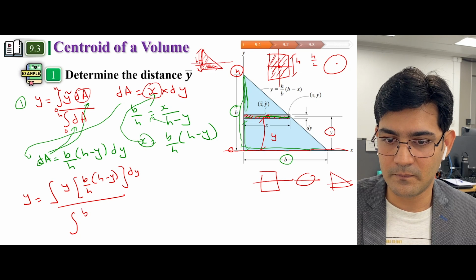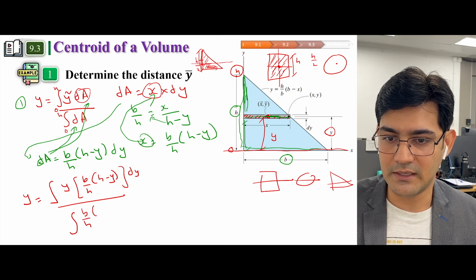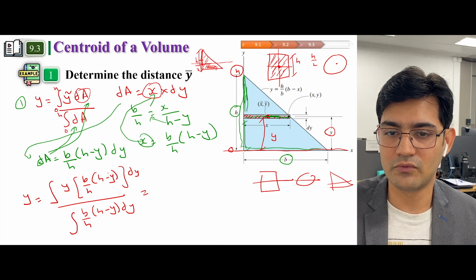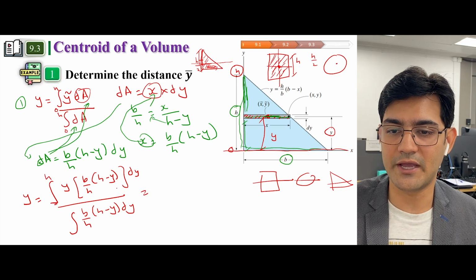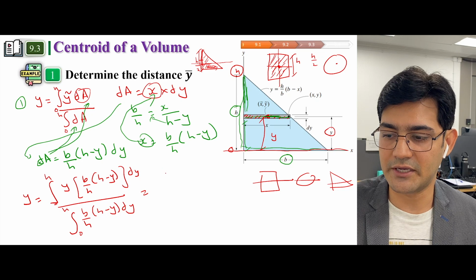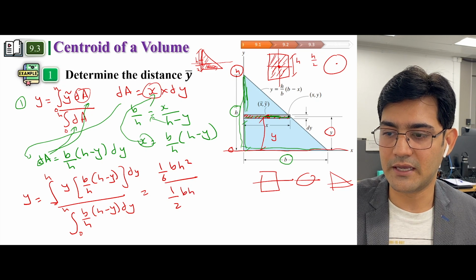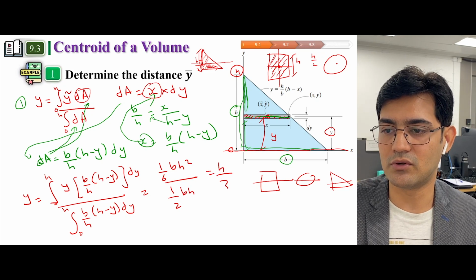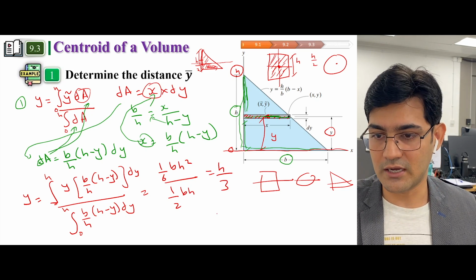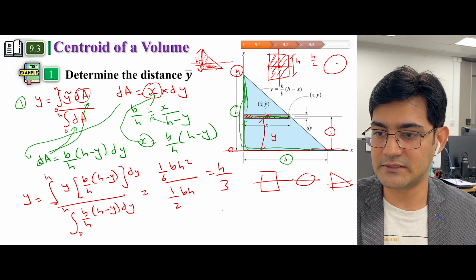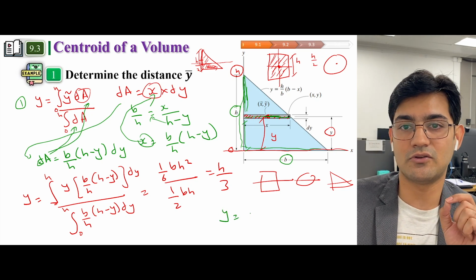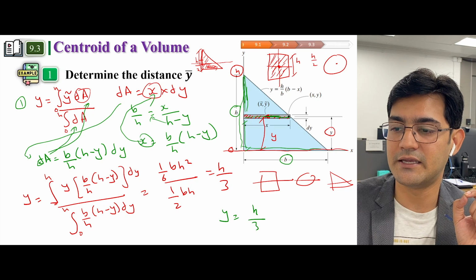So this would be equal to the integral of (h minus y) dy, and if you integrate this from 0 to h, and this is also 0 to h, then you will get 1 by 6 b h squared over 1 by 2 b h, and this is equal to h by 3. So what I am trying to say here is that the distance of the centroid for a triangle is h by 3.